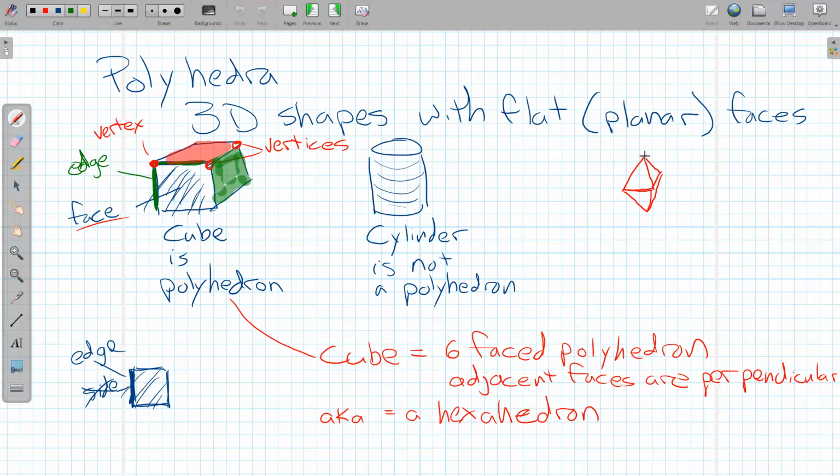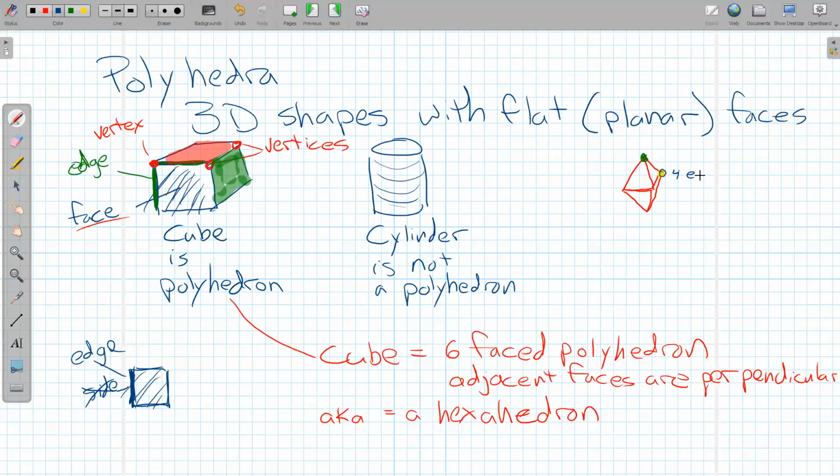But when I made this hexahedron here, this vertex at the top was where 3 edges came together, but this one on the side, I'm going to switch color there, blue or yellow maybe. This one on the side had 4 edges coming into it.